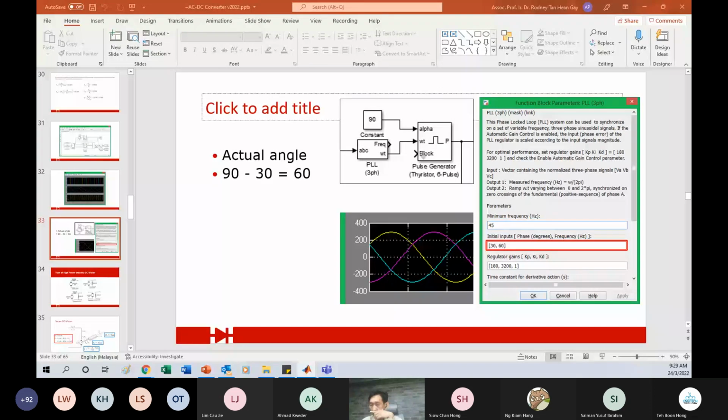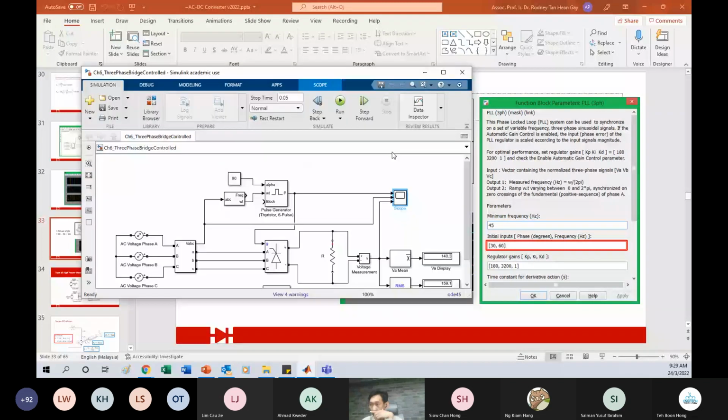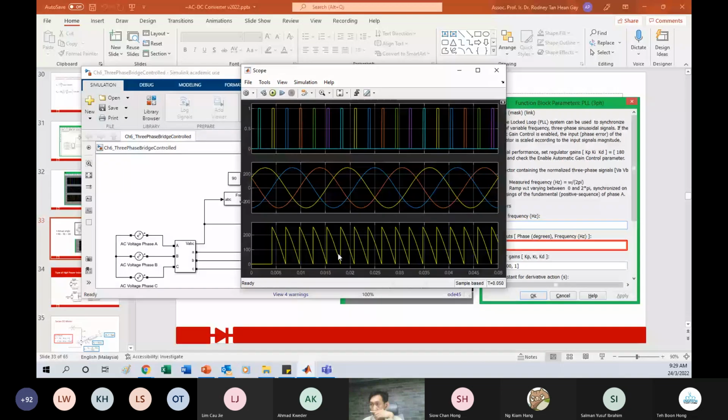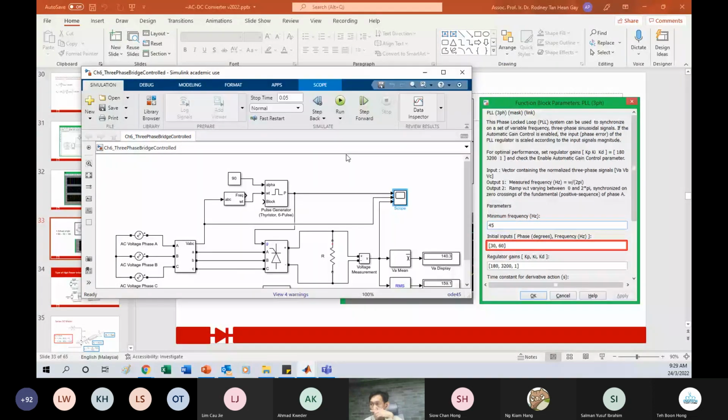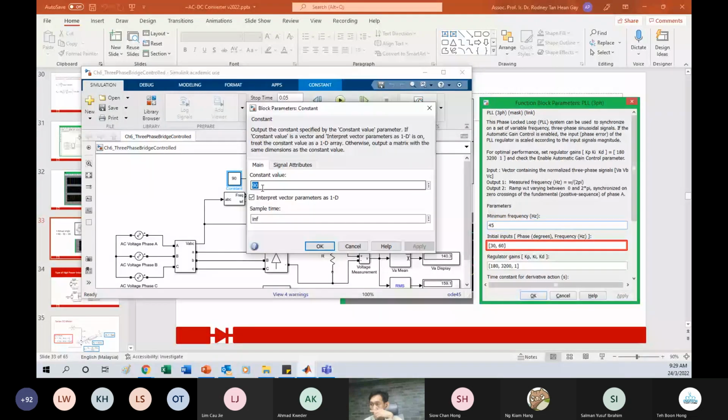And then, these are the examples I have. When I run this, this will be the output, the shark fin output for the three-phase controlled rectifier. Of course, here I can reduce it to like 60.